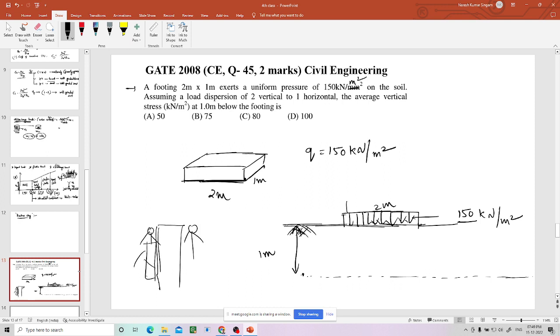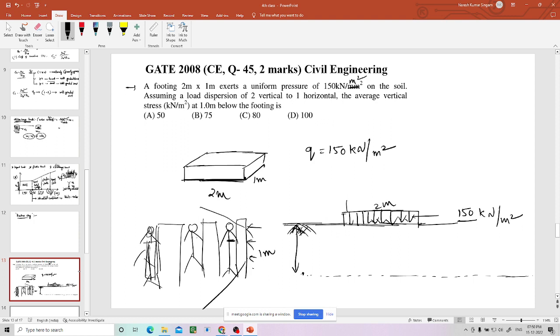Another person is standing here, there is one mattress. I will apply some pressure here. Do you feel the same? Who is behind this? No, because this is nearer. That's why he feels the same. But after going, it will try to go in this direction. The intensity will become less. That is the reason why at 1 meter depth, it will not be 150.